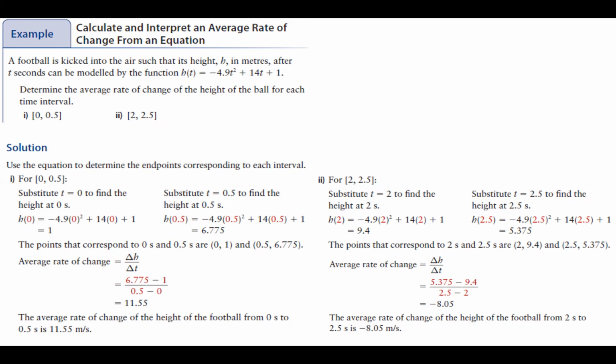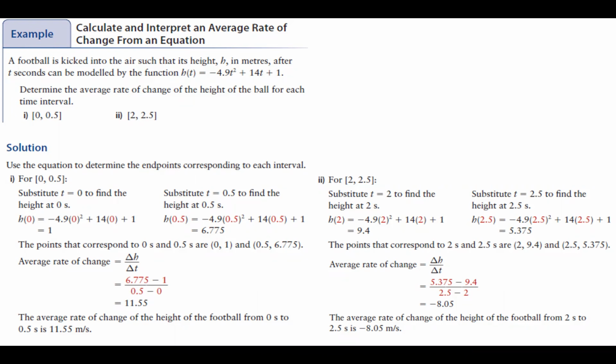Then according to the definition of average rate of change between these 2 points is delta H over delta T. Delta H is 6.775 minus 1. Delta T is 0.5 minus 0. Therefore, the average rate of change of the height of the football from 0 seconds to 0.5 seconds is 11.55 meters per second.